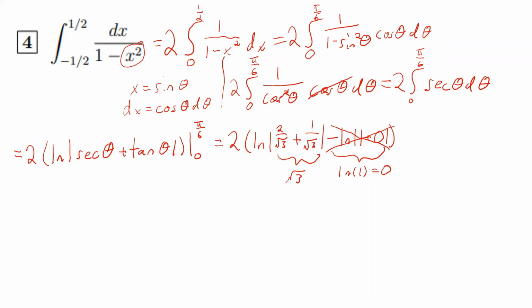You can just check the algebra for yourselves. And so the final answer is 2 ln of root 3. Using the ln properties, we can put the 2 into the ln of root 3, so we get ln of 3 as our final answer. And this is what we're going to box out.